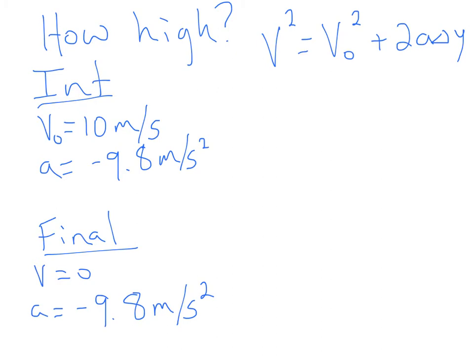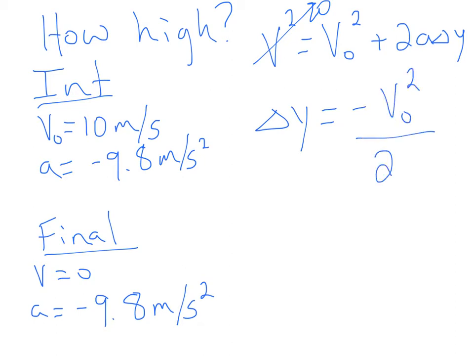Simplifying and solving for our variable, we set the final velocity equal to 0 and move that over to the other side, and we get delta y equal to the negative of the initial velocity squared over 2 times the acceleration. So our delta y is equal to negative 100 meters squared per second squared, and the units are squared because we're squaring the quantity.